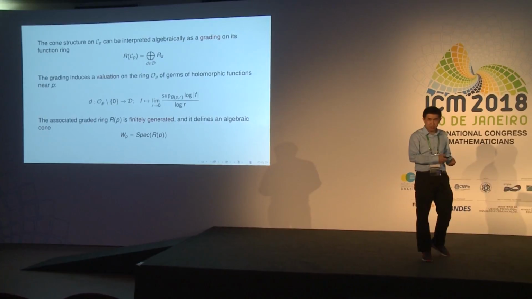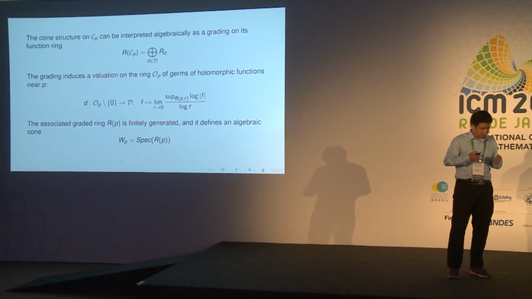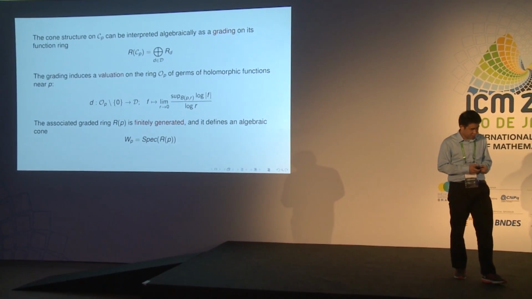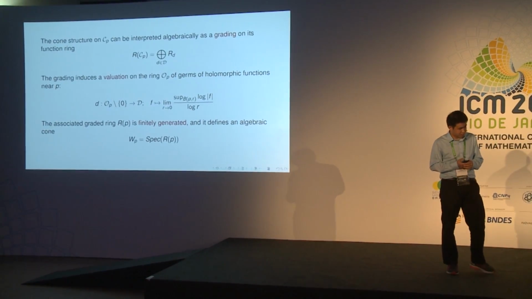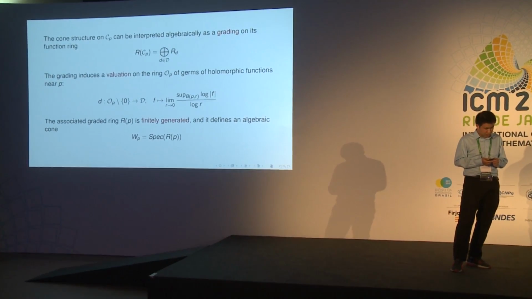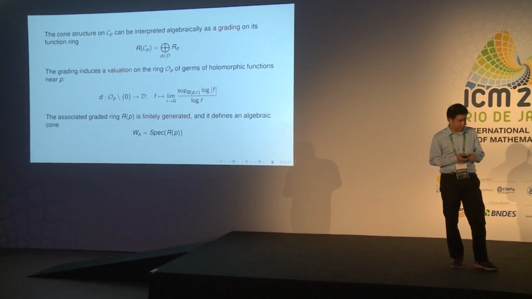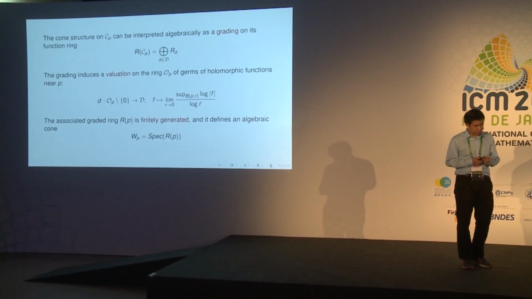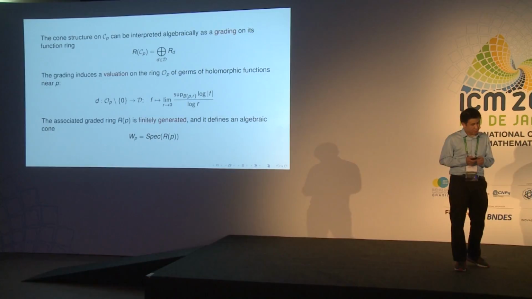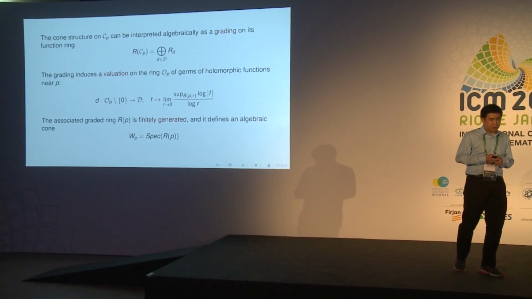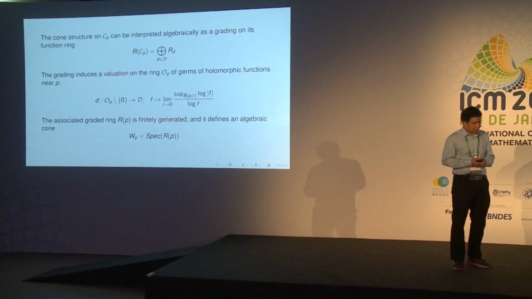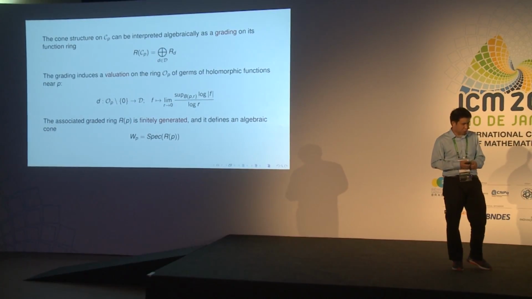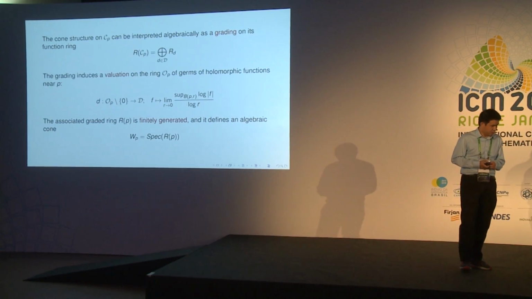But we can perturb the grading on the cone to a valuation on the neighborhood of the singular point in Z. And this is defined in terms of this degree function. And using this degree function, one can get a filtration of this ring O_P.